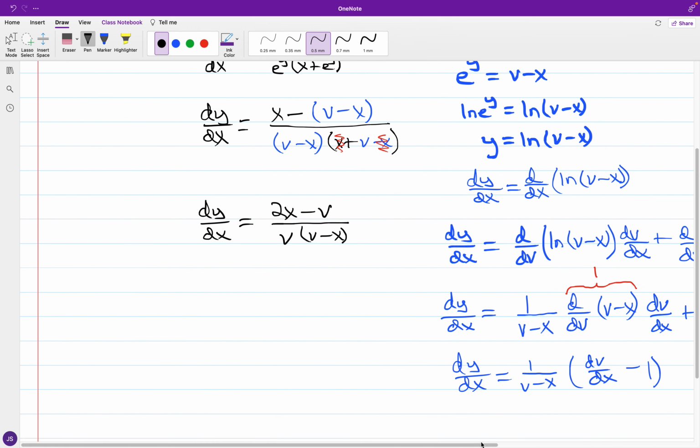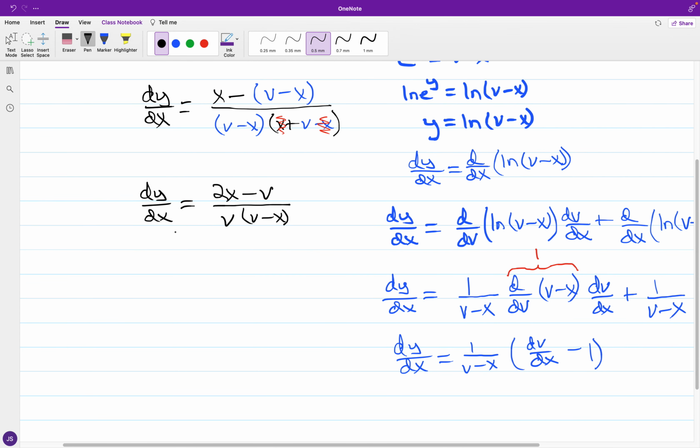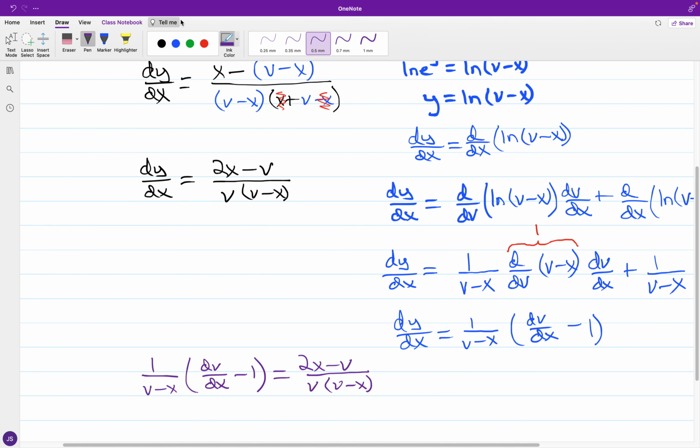Looking at these two expressions for dy over dx, if I set them equal to each other, I get 1 over v minus x times the quantity dv over dx minus 1 is equal to 2x minus v all over v times the quantity v minus x, and I can multiply both sides by v minus x.